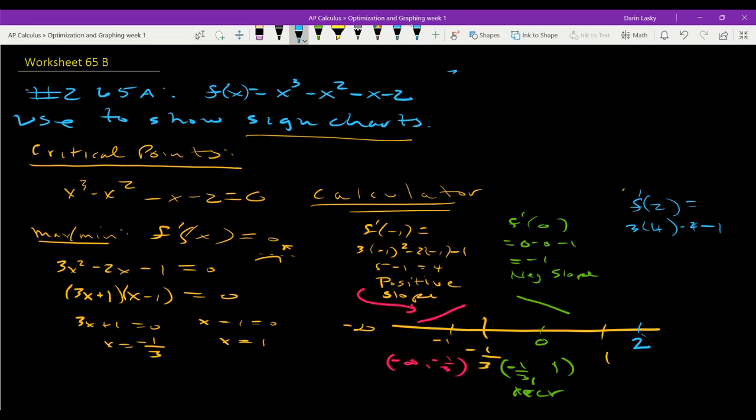So I just plugged in 2 into that equation. So I get 12 minus 4 minus 1. That gives me a value of 7, which is positive. So that means I have a positive slope from 1 to infinity. So now I know I'm going back up after I get to 1. So I know I got a positive slope here, a negative slope here, and a positive slope there.